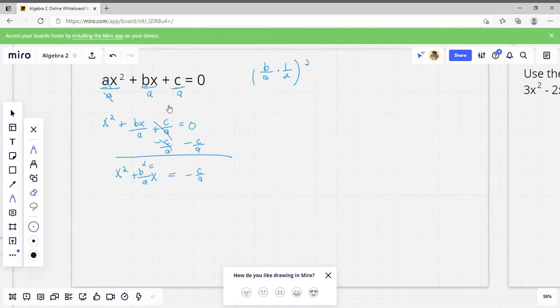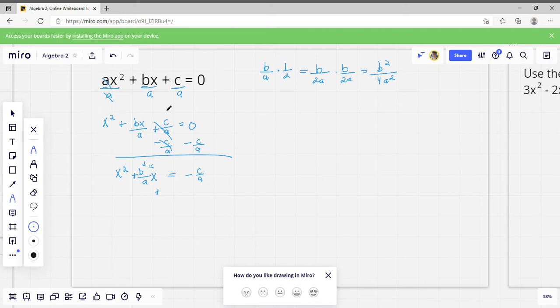So b over a times 1/2 would be b over 2a, and then we're going to square that. So times b over 2a again, b squared over 2 times 2 is 4, a squared. And then we're going to add that to both sides.